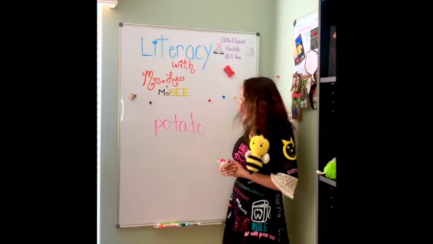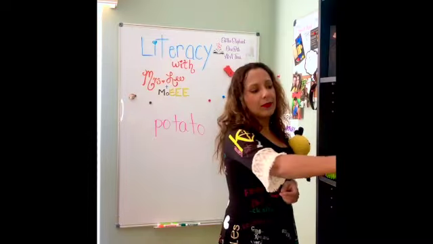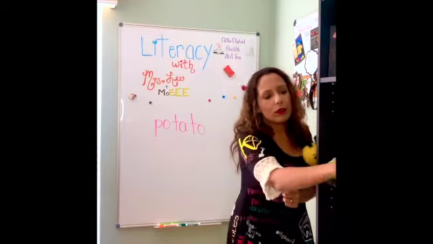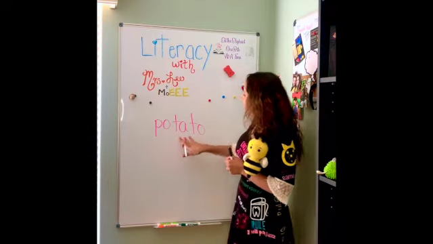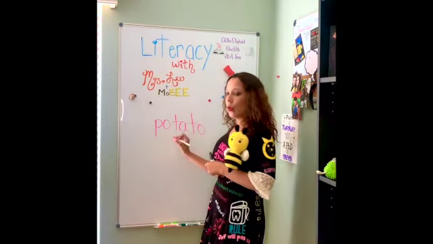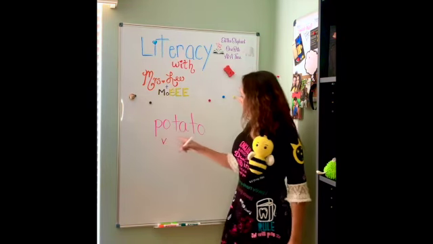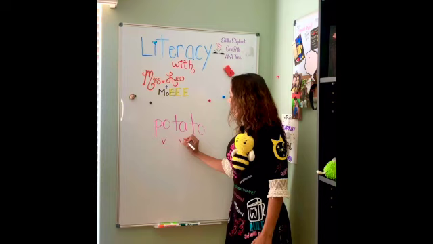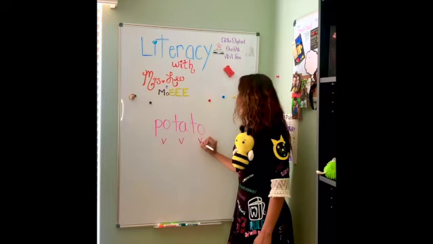Ready? First thing, what's the first thing that we do? You guys, my markers are just falling all over the place. We are going to locate all our vowels. Here's one vowel. Here's my next vowel. Oh, we have 3. Wow. Okay.